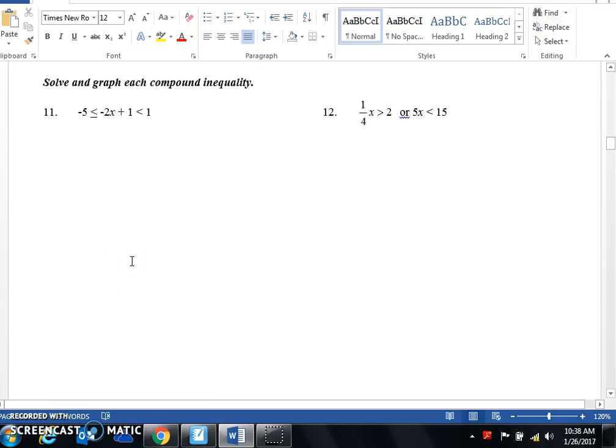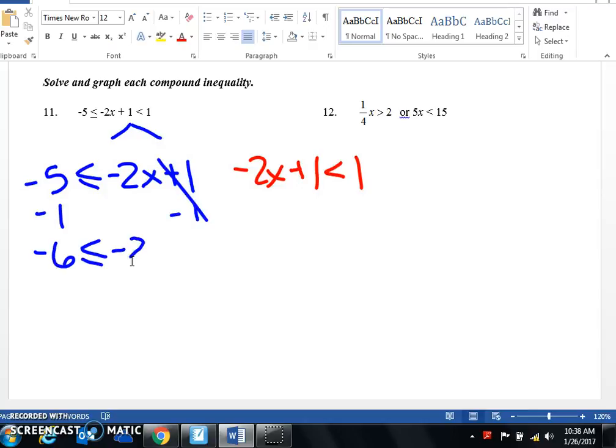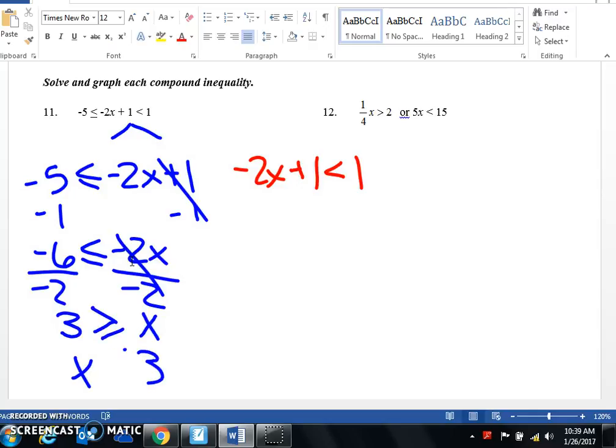All right, so let's solve and graph some compounds. So compounds, we go ahead and break them up. And the other one will be, so we're going to subtract 1. Divide by -2. Remember when we divide or multiply by a negative, we flip our inequality. And then I want my variable on the left, so I got to flip it again. Over here, I subtract 1.